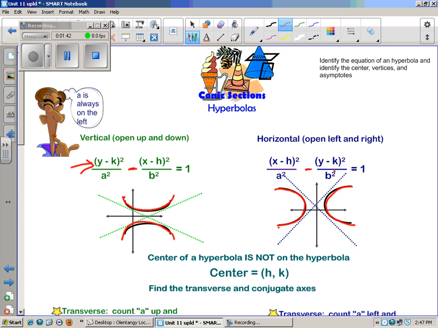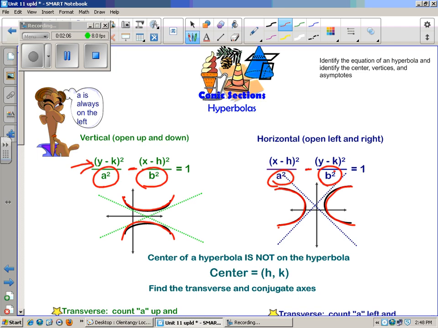Again, it's subtraction, so it's not commutative. But you'll notice that the a and the b stay in the same order. It doesn't matter which comes first, the y or the x, the a is always going to come first. A is always on the left.